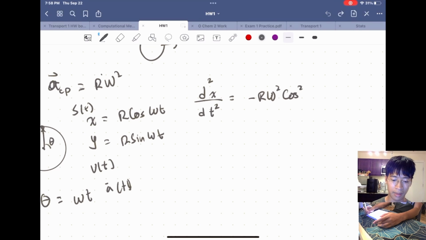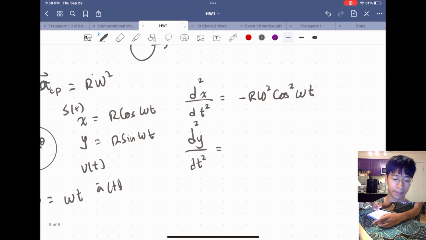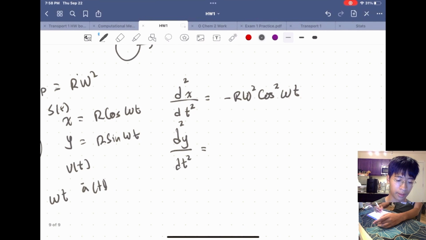Okay, so I don't have to waste too much time doing product rule. That's all it is. Same deal here, right? If I take the second derivative of the y coordinate with respect to time, it's negative r, pull out the omega twice, times whatever the trig is, right?